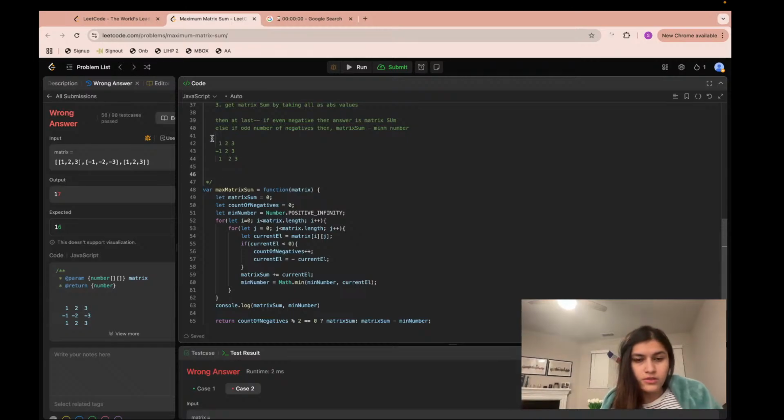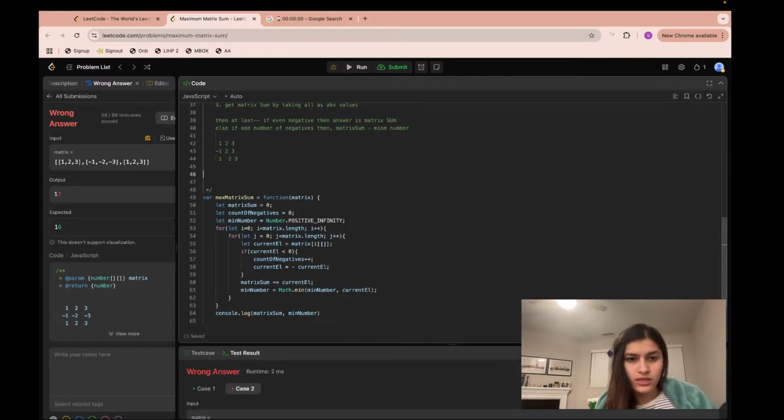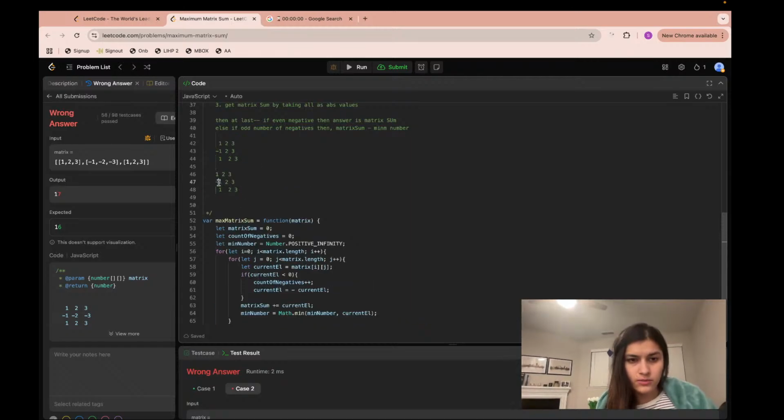Because here, first of all, when I'm doing matrix sum, I'm taking into account everything, right? So I need to minus this, and yeah, I need to minus this 2 times here. But what if this was the case? What if it was -3?